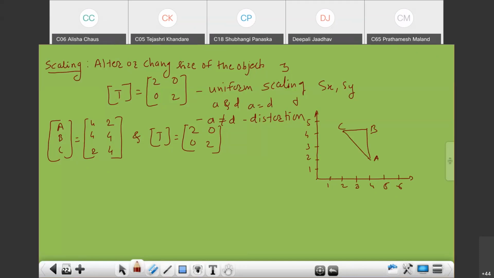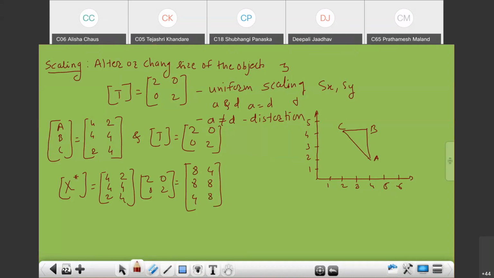We are going to scale it by the scaling factor A is equal to D is equal to 2. So X star, the new transformed matrix, is 4, 2, 4, 4, 2, 4 multiplied with the transformation matrix T, which is equal to 8, 4, 8, 8, 4, 8.